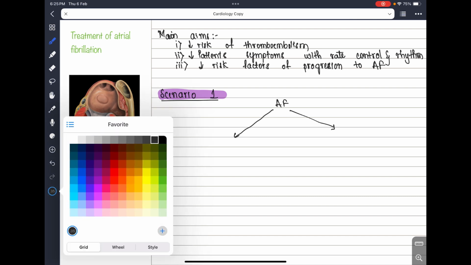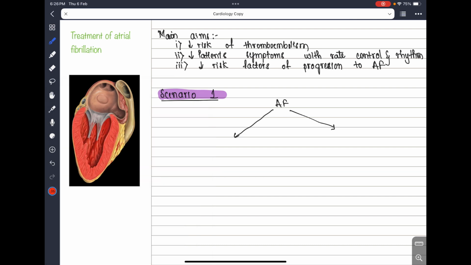The first thing is, as I told you, there is no effective contraction of the atria. The atria is not properly emptying blood into the ventricles. Come to this image on the left side of the screen. Here, this is the left atrial appendage.